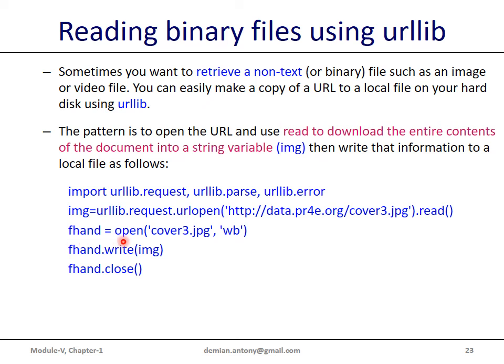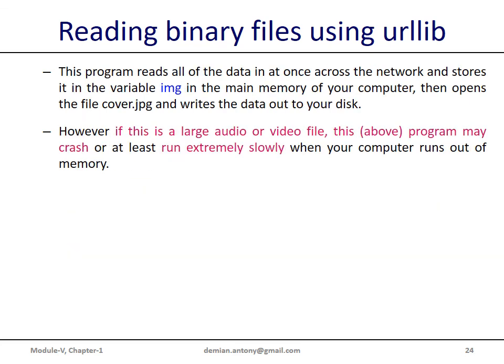In the meantime, open a file in write mode. Since the file is binary, open it in wb and put the contents of the string image onto the file with the write method. Then you close the file, and now you can see that cover3.jpg is found in the working directory.